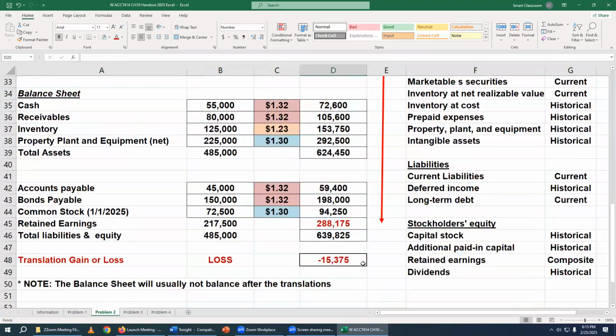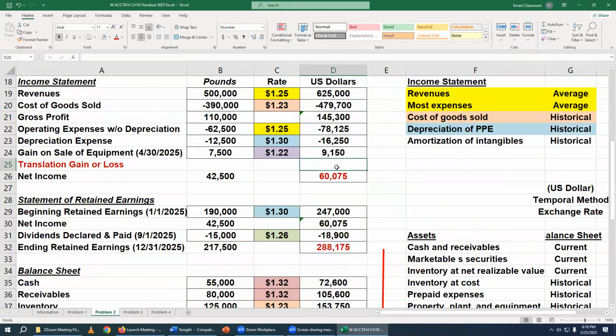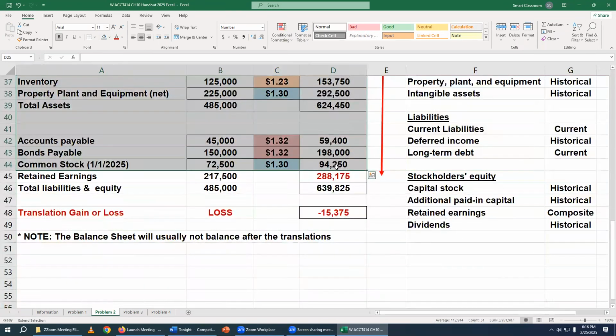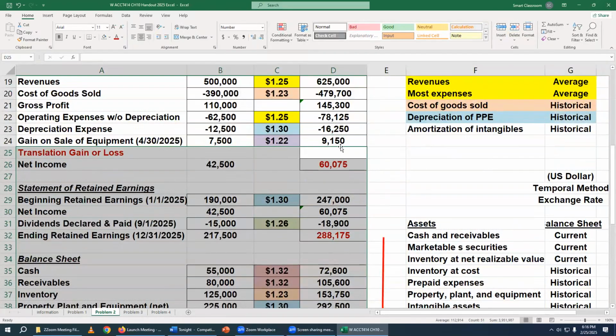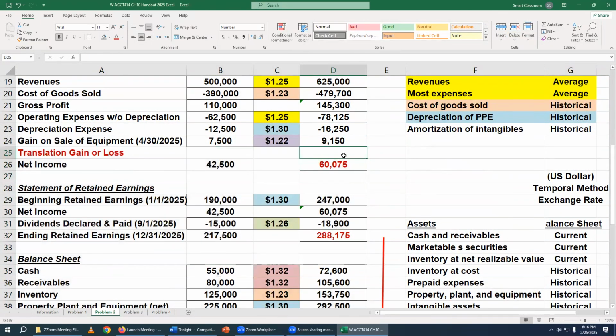So this negative 15,375 would be shown right here. Oh, I'm sorry. You don't have the automatic, and I gotta redo this.